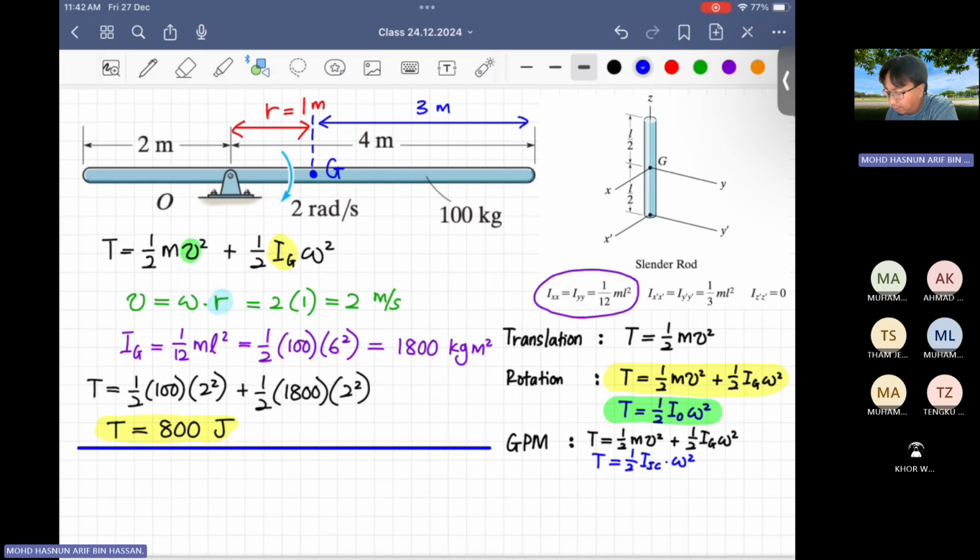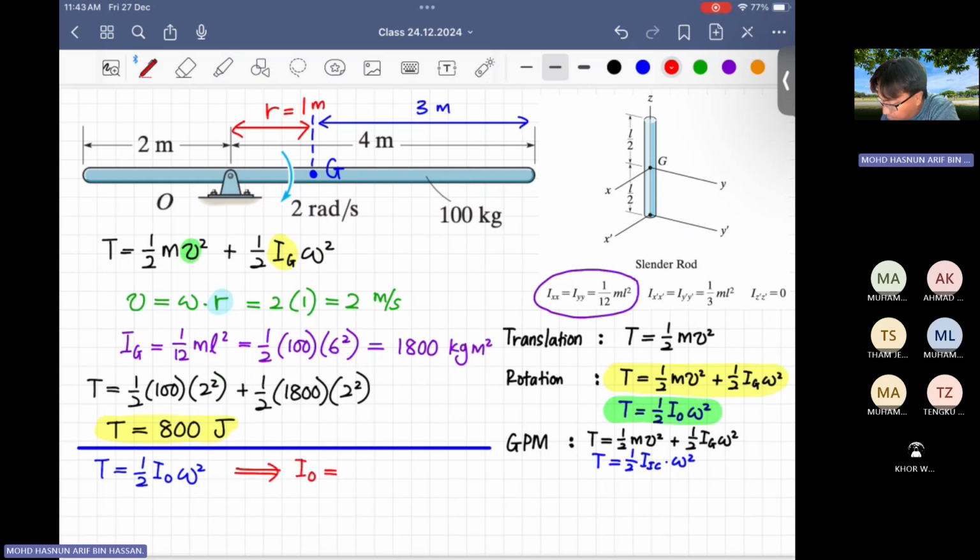Let's put a divider here. What if we want to solve this using T is equal to 1 over 2 IO omega square? Now what we need to do is to find the value of IO.